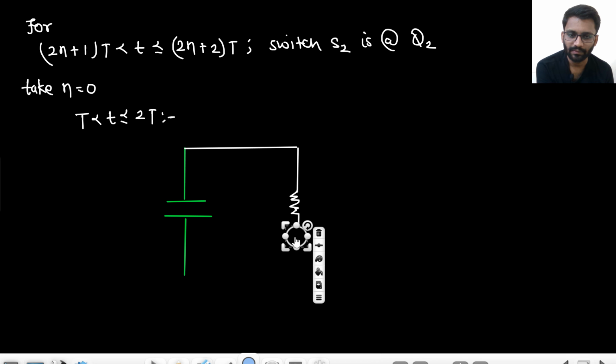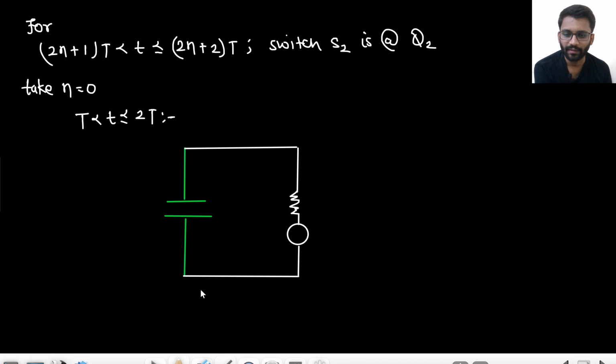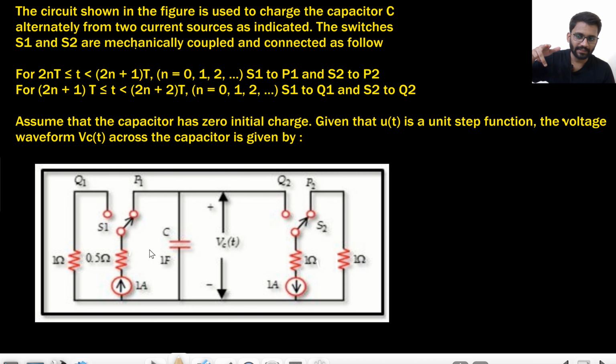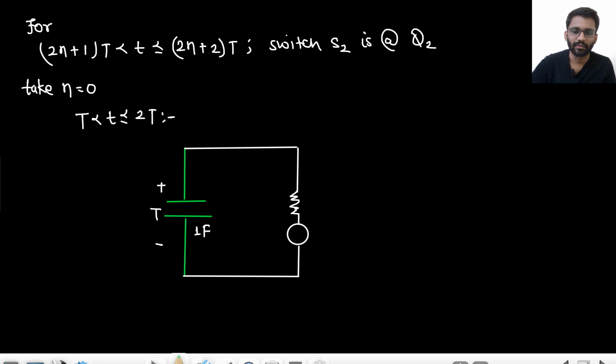The capacitance is 1 farad, and this 1 farad is already having T volts across it, in this direction, because the current source was charging in this direction. Now this switch is connected here. So the capacitor is already having T volts, and now 1 ampere current is flowing towards it.